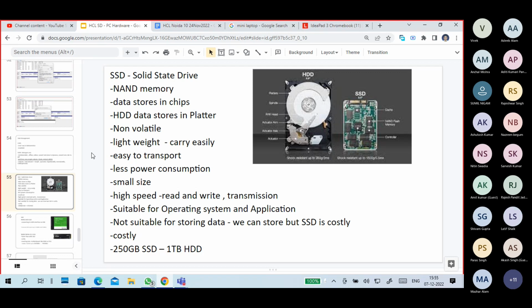This is a non-volatile type, meaning data won't be gone from these chips. Data in a hard disk is stored in the platter, but here it is in chips. It is a non-volatile memory type. It is also lightweight compared to a hard disk.